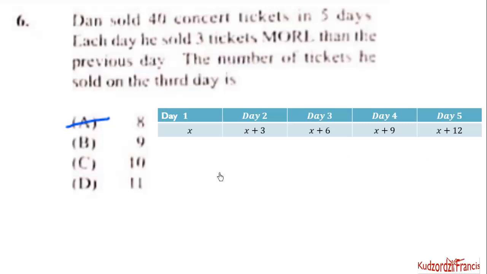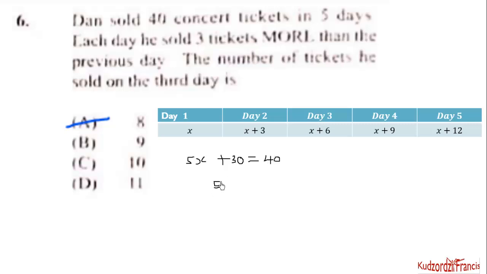So the total number of tickets will be 40. So X plus X plus X plus X plus X is 5X. Then 3 plus 6, 9 plus 9, 18 plus 12, which is 30. And this should be equal to 40.